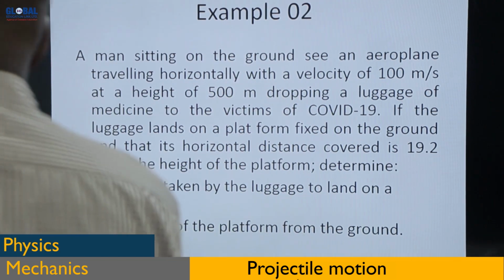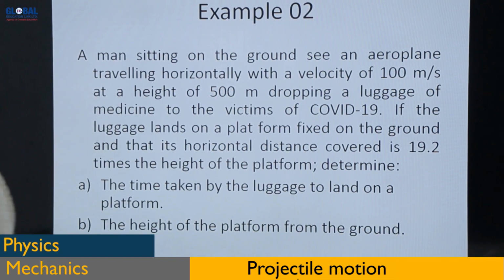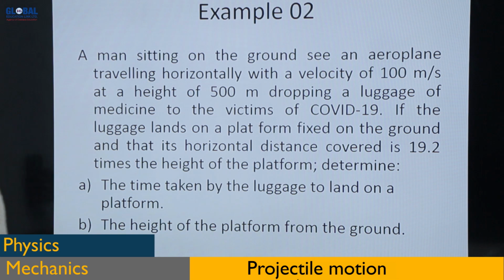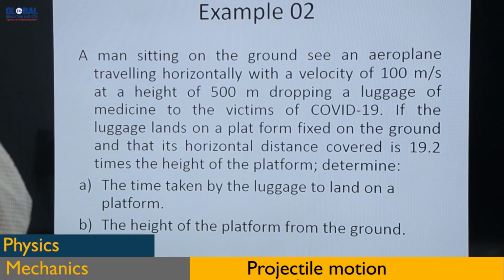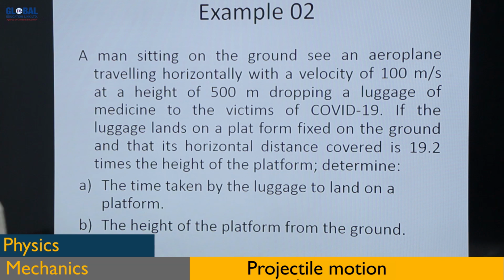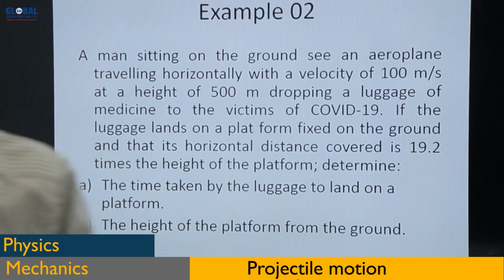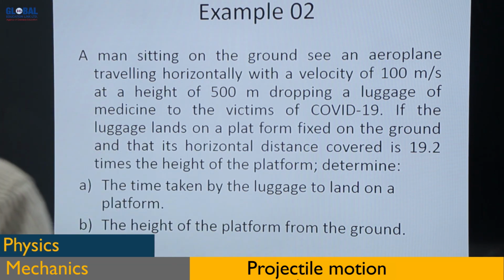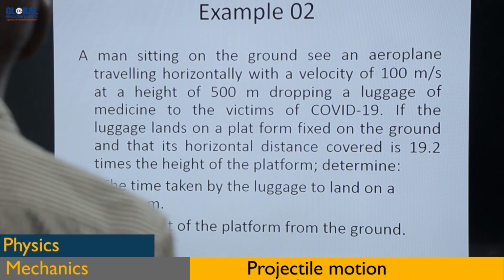So we are just going to use the same diagram and those expressions which had been derived. In our first part, we are looking for the time taken for the luggage to land onto that particular platform.